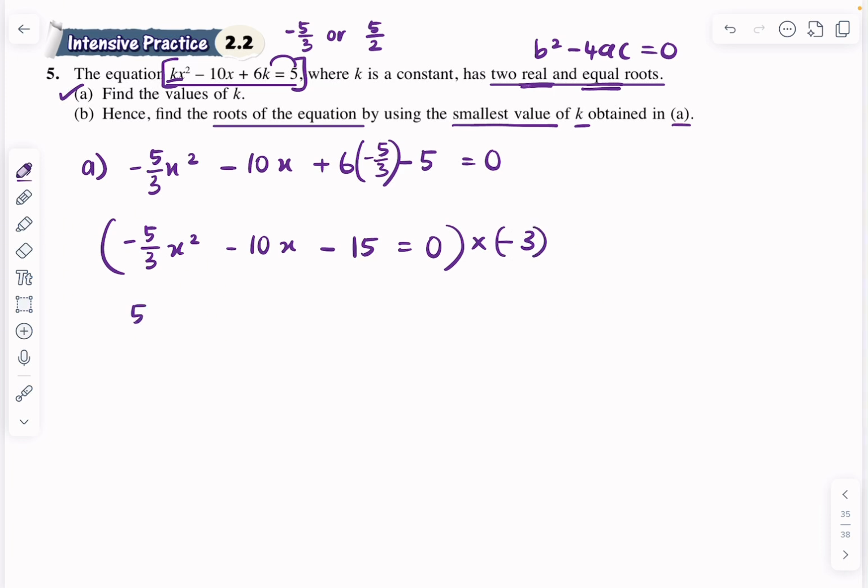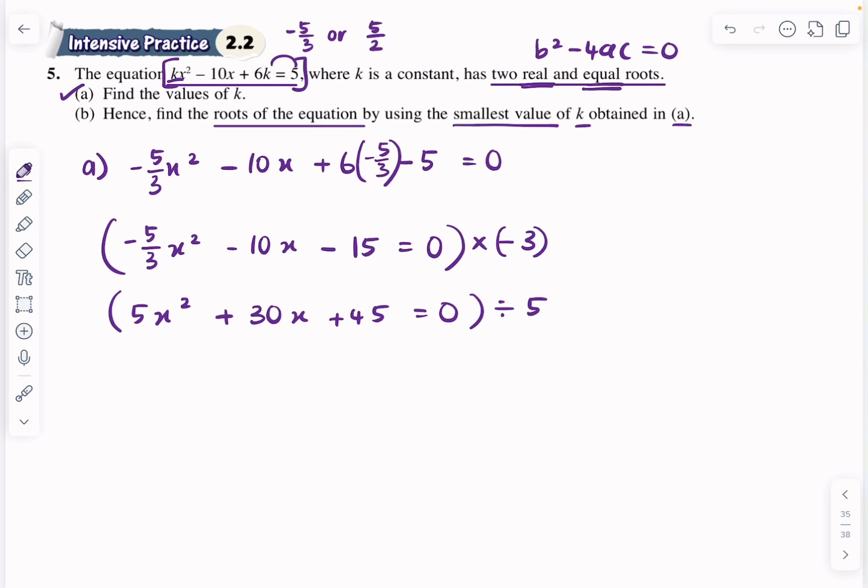So we'll get 5x squared plus 30x plus 45 equal to 0. And then this whole thing can be divided by 5. This one is just to simplify. So x squared plus 6x plus 9 equals 0.